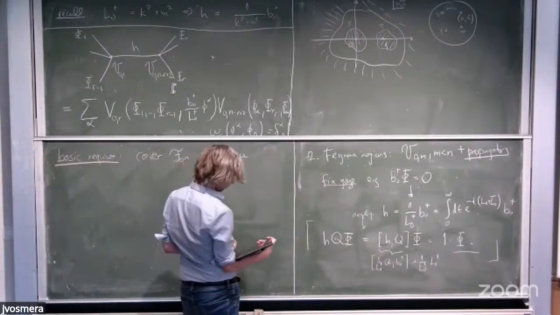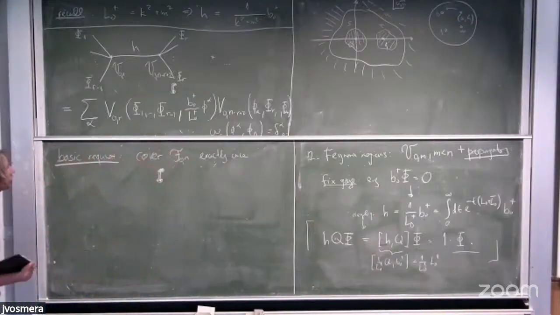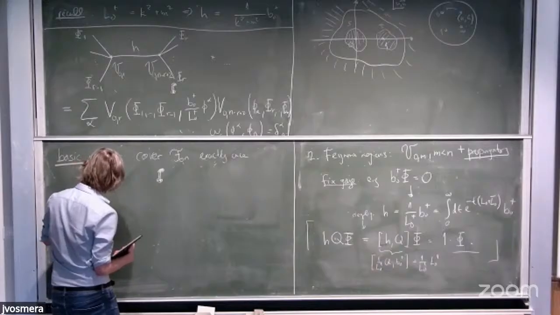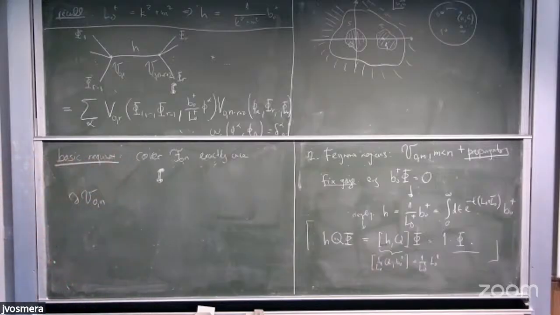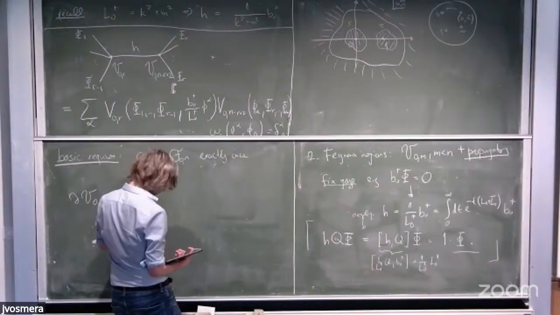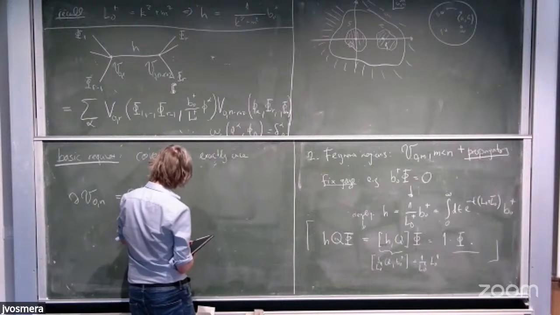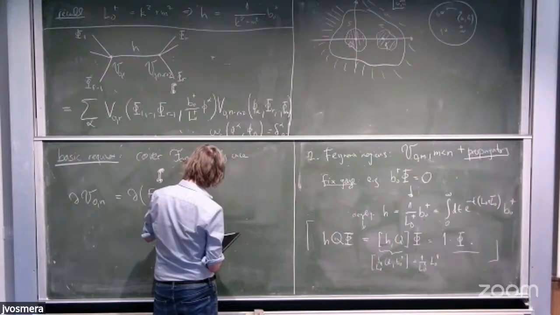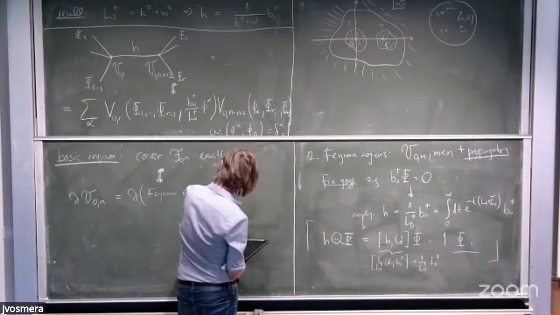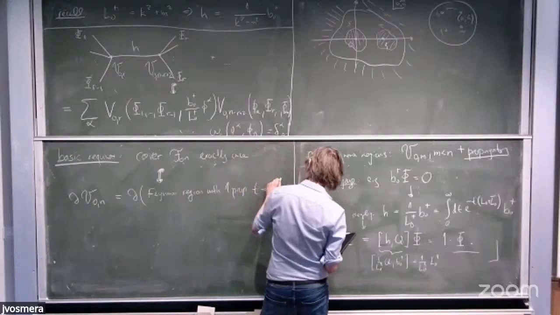So let's think about what this statement means. That means that the boundary of the elementary vertex region, where del is just the boundary operator here, needs to precisely agree with the boundary of the Feynman region with one propagator in the limits where the Schwinger parameter of these propagators goes to 0, right?